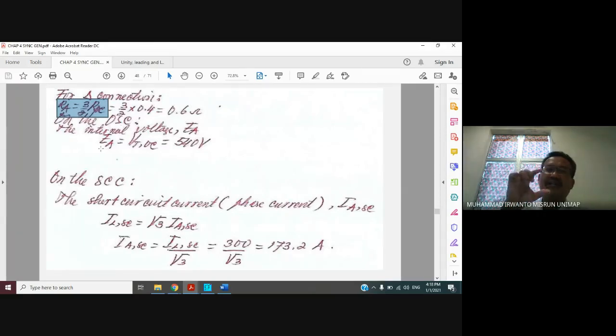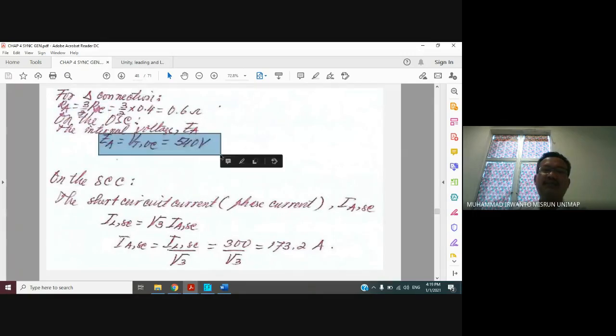Remember it is for the delta. Remember in delta connection, line voltage is equal to phase voltage. Jadi yang data tadi 540 volt, yang open circuit, untuk delta, remember, line voltage is equal to phase voltage. So the internal generated voltage is equal to the terminal voltage in open circuit condition, which is 540 volt.